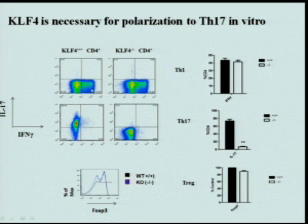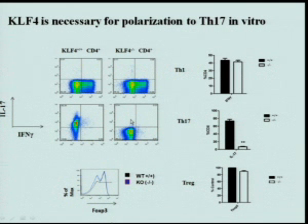And again, what we found was that there was essentially no difference in polarizing towards gamma interferon secreting cells or FOXP3 producing cells, but where wild type T cells polarize very efficiently towards Th17, there's essentially no polarization towards Th17 in the KLF4 knockouts.